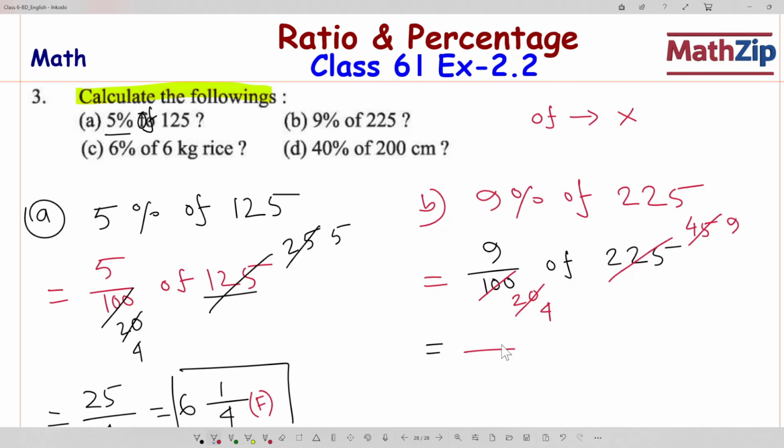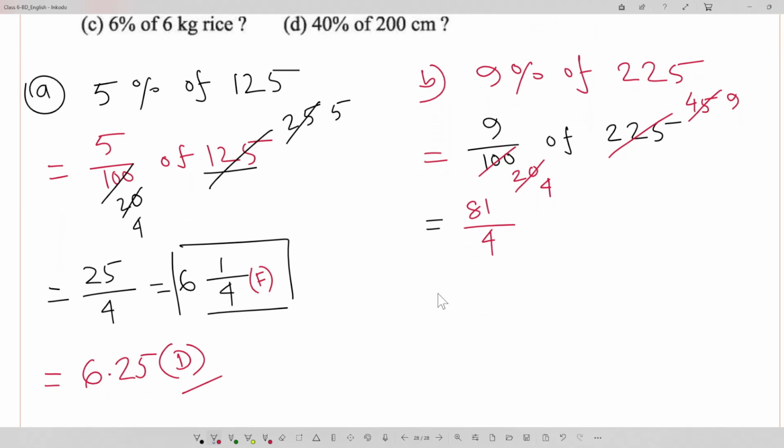Okay, so here 9 times 9 is 81, divided by 4. This is an improper fraction, so we can make this one like 20 1 by 4. Once you divide, you will get this mixed fraction. This is the fraction mode.